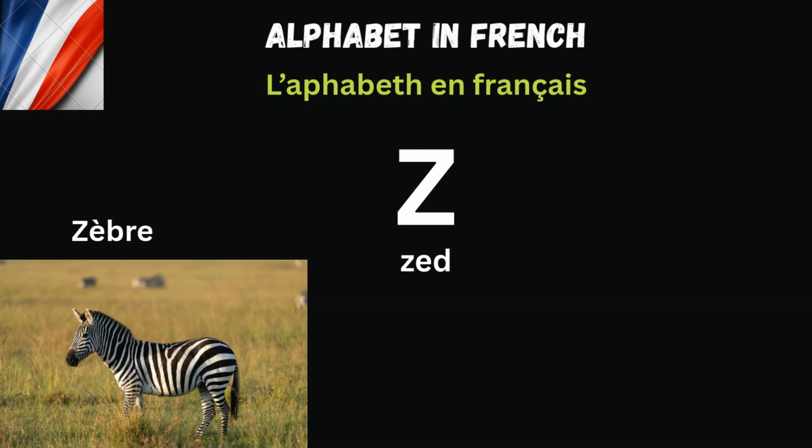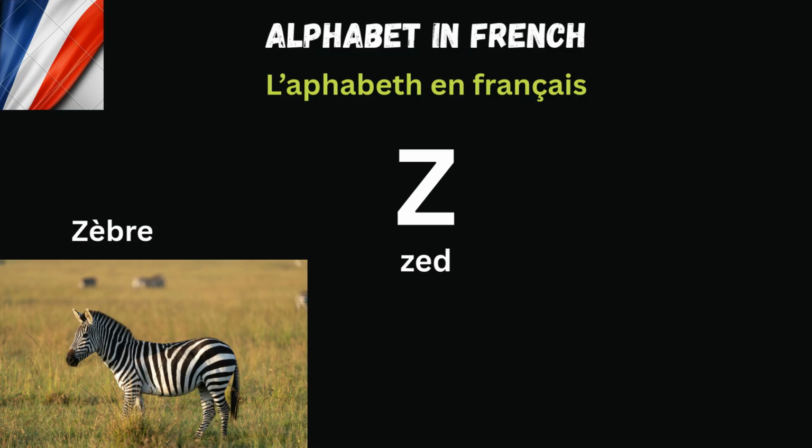Z. So letter Z in English is pronounced as Z in French. Z. Again, Z. So letter Z stands for zèbre, which means zebra in English.